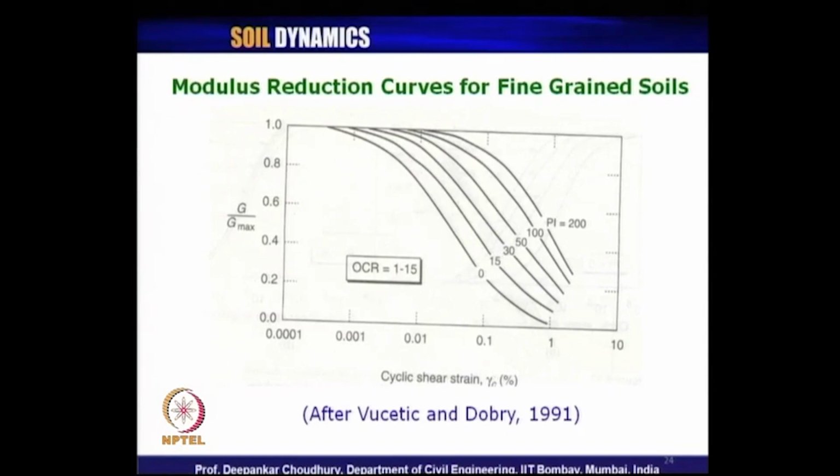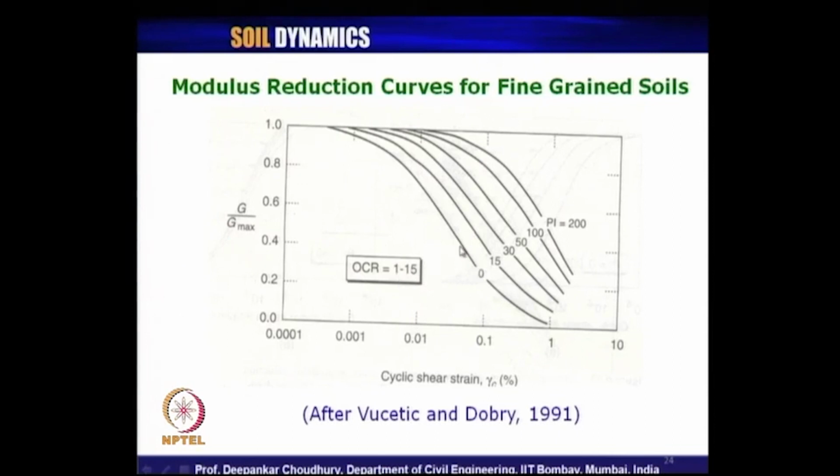All these are open ended research problems. So, look at this value of PI. What does PI 0 mean? PI 0 refers to a cohesionless soil, not a fine grained soil, right. So, that is why there is no plasticity index.